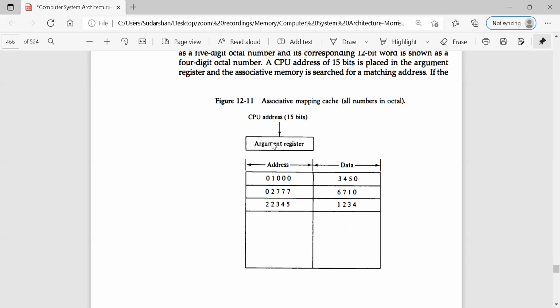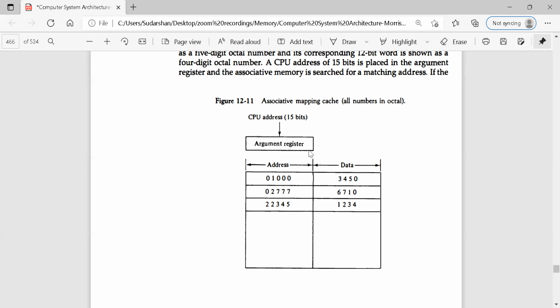What I'm going to do is compare simultaneously with all the addresses. Okay, 01000, is it found in cache? Yes. The corresponding data, which is 3450, again an octal number, is sent as the output from cache memory to the CPU. These 4 octal digits are equivalent to 4 into 3, which is equal to 12 binary digits.